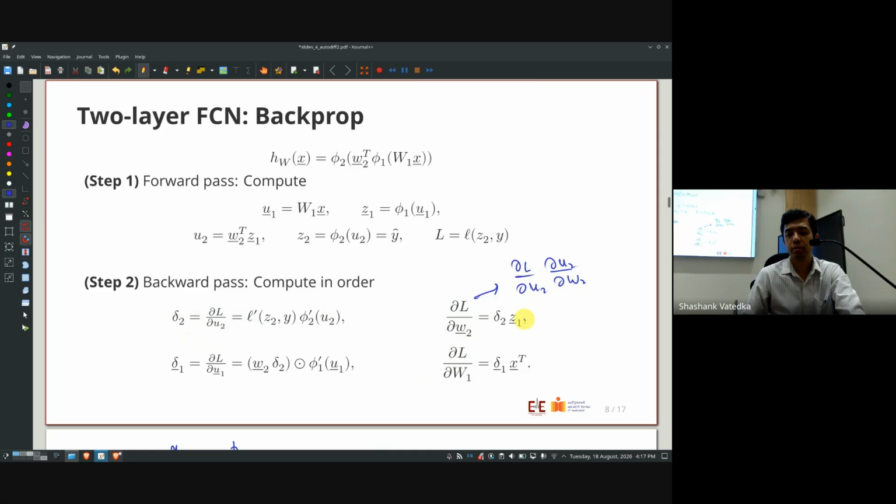And here, remember that U2 is W2 transpose Z1. Let me be a little more precise over here, because I'm finding partial derivatives with respect to individual elements. Let's write this out explicitly.